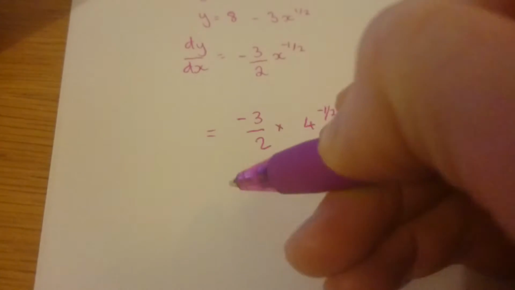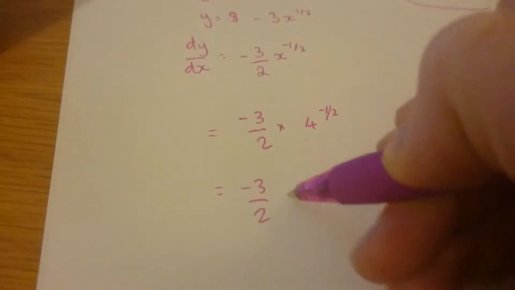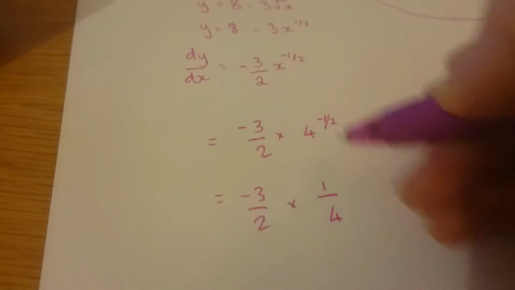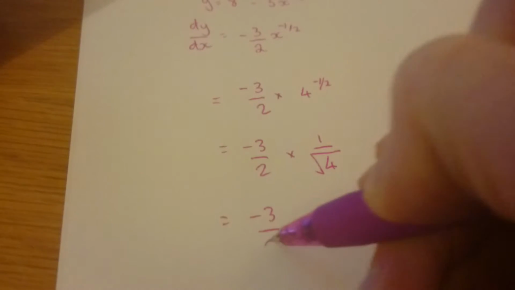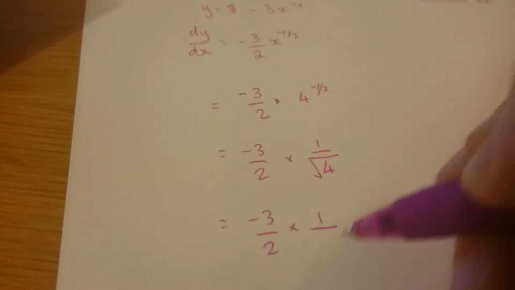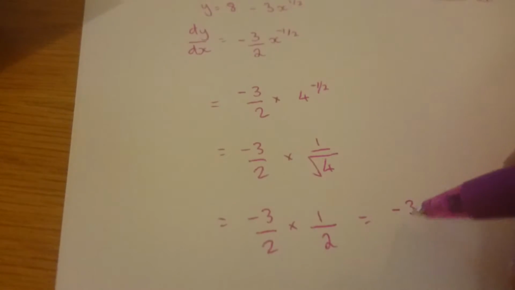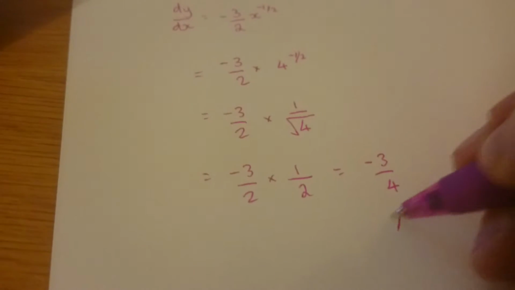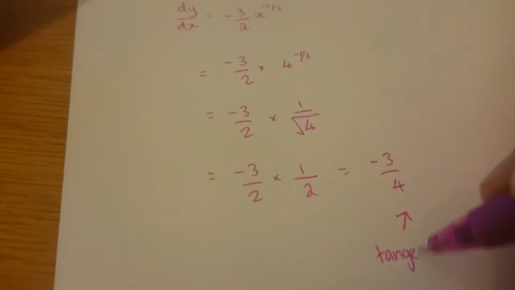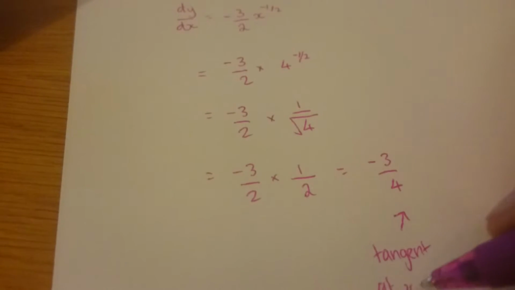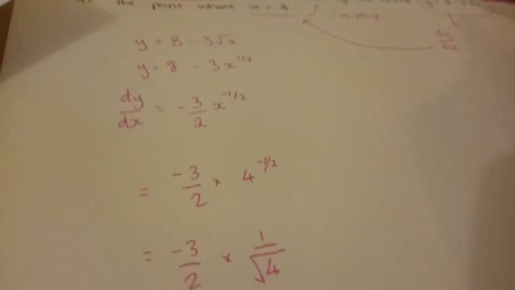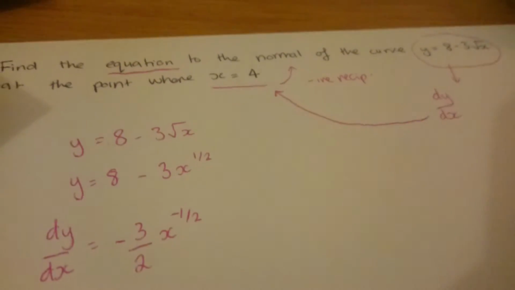So we'd have equals minus 3 over 2 times, make it 1 over 4 to the half, which is 1 over root 4. Root 4 is 2, which would be minus 3 over 4. So this is the gradient of the tangent at x equals 4 to our original curve.